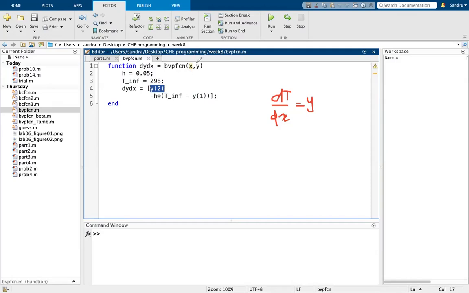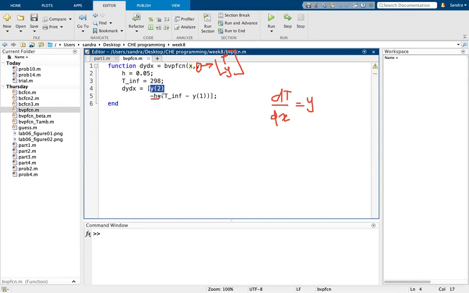In our case, this vector has two values: one is the temperature, and the second is the y value in our question. So you will write this y as the second entry, that will be your y2. And the next part is dy by dz is equal to minus gamma (T minus 25).